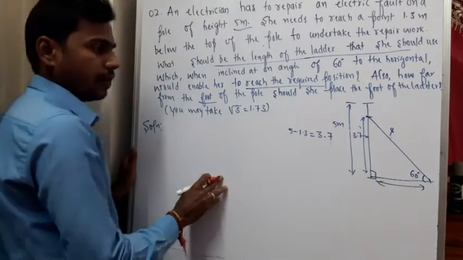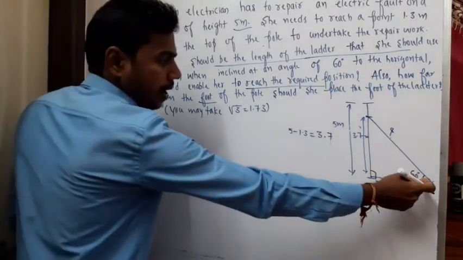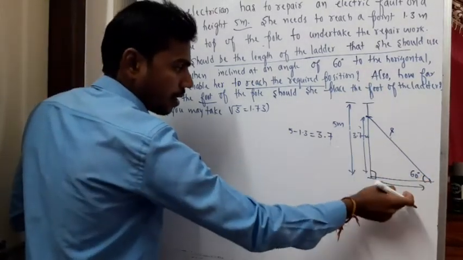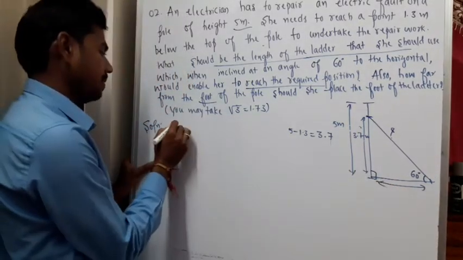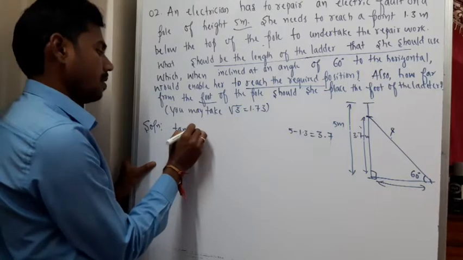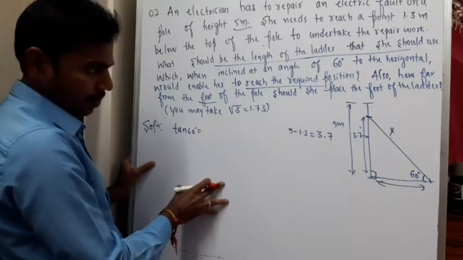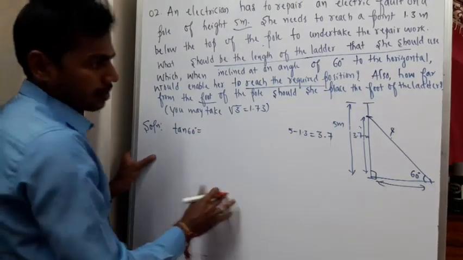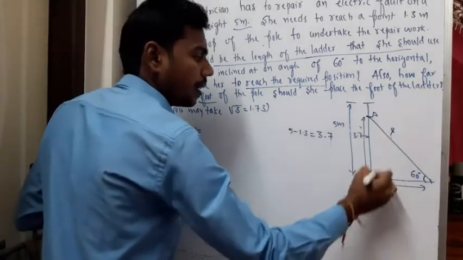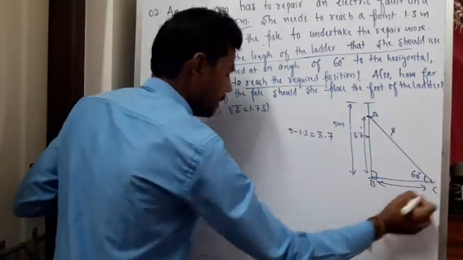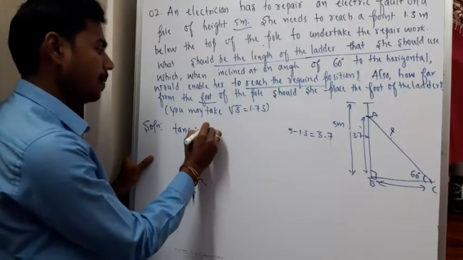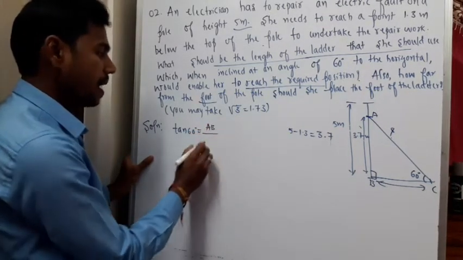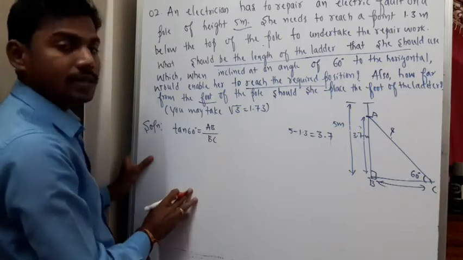So now, what do we need to do? If I want to find the relation between this and this, what do I need to make use of? Tan 60. If I call the triangle A, B, C, then tan 60 is equal to AB divided by BC. What is tan 60?